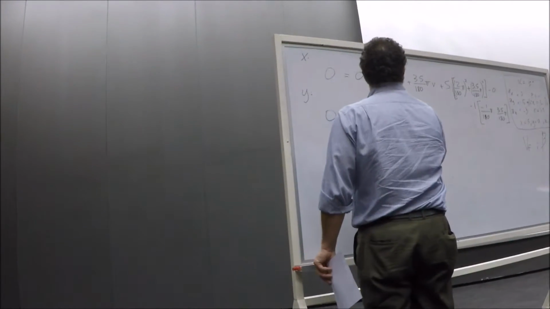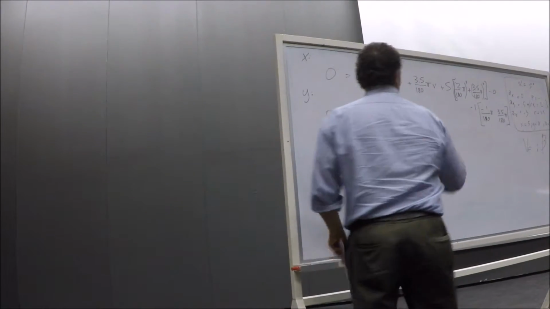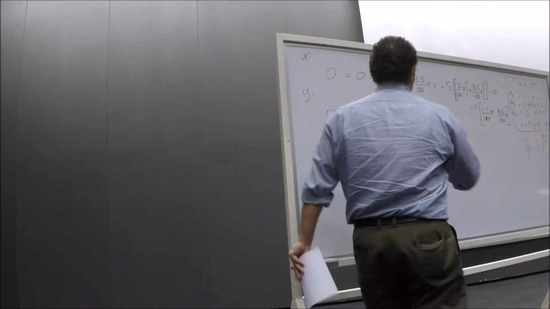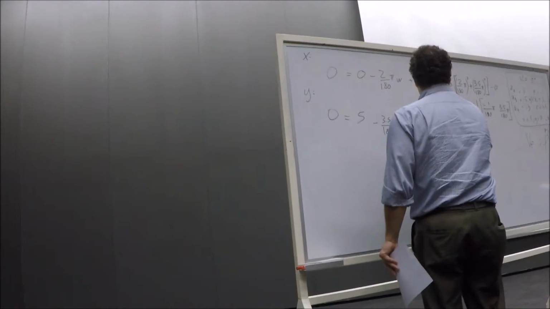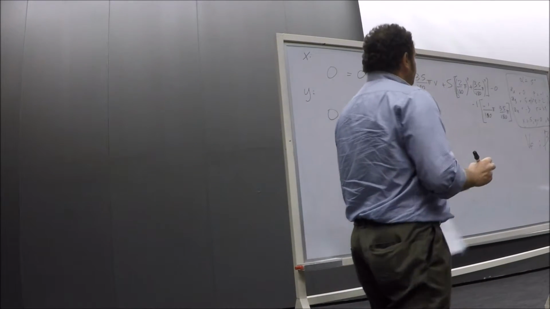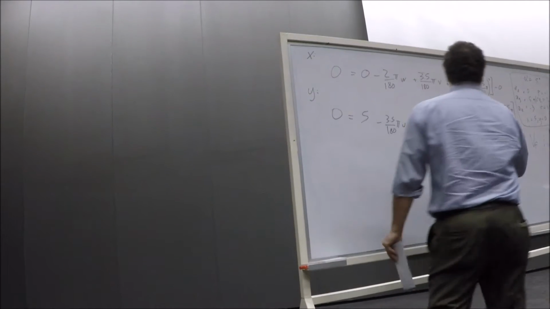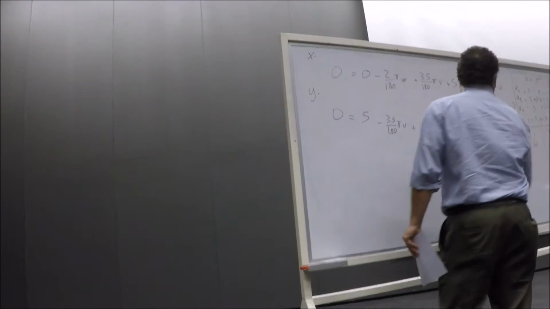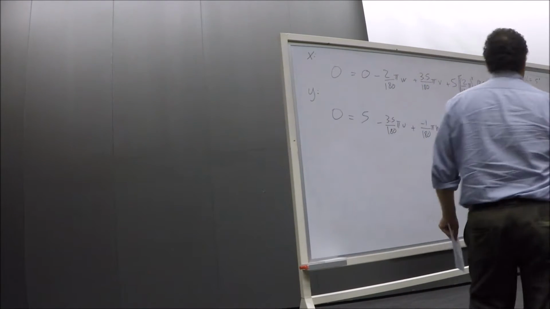So minus 3.5 over 180 pi u plus pw, where p is minus 1, and then we have w. Then we have minus x multiplied by pq.